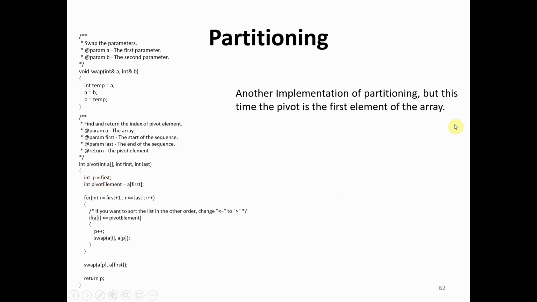Instead of choosing the last element as the pivot, here we choose the first element. And again, we do all the swapping so that all the elements smaller than the pivot are going to be on the left subarray. Everything larger than the pivot would be on the right subarray. And finally, the pivot is going to be moved to the correct location.